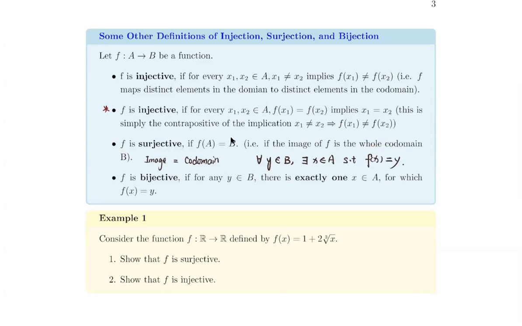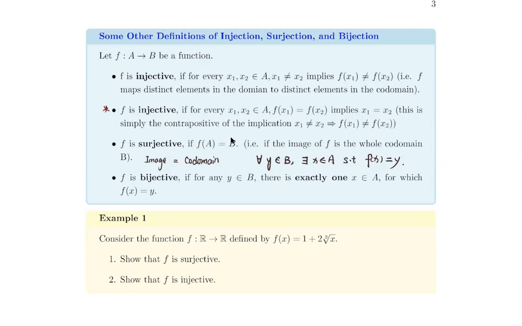And for bijective, codomain is arbitrary. Codomain is usually given. So when they give you a function, they'll give you the codomain, just like this. I'm just using A and B as the domain and codomain because it could be anything. Anyway, for bijective, it means that for any y in B, there is exactly one x in A for which f(x) equals y.